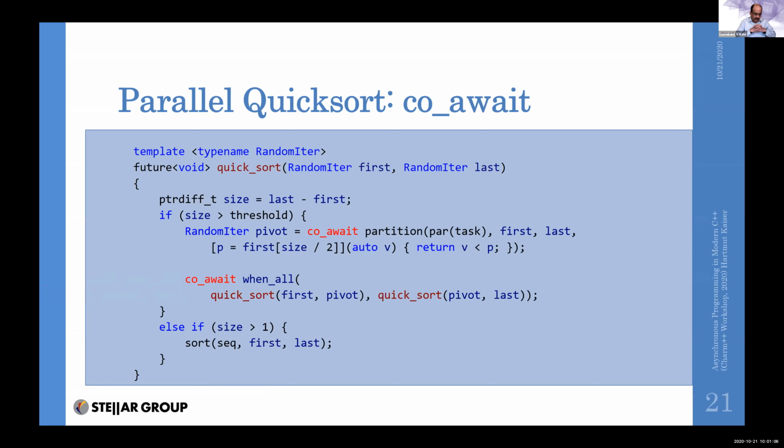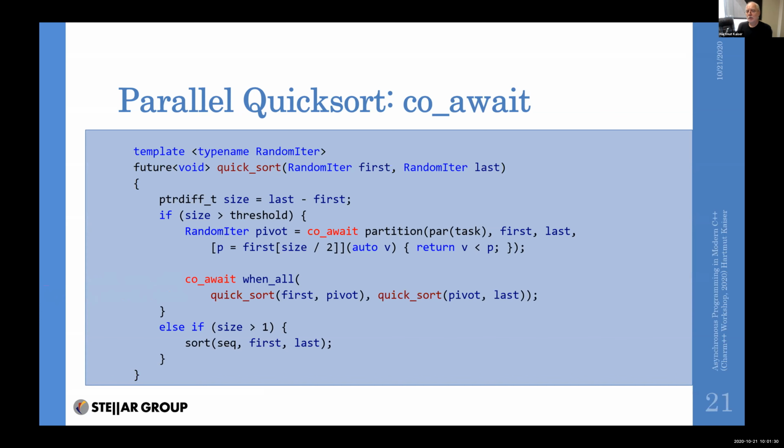Yeah, that's correct. Well, you can't, because when_all gives you a future, and to explain what co_await actually does, that might be in order. co_await takes a future and attaches the rest of the function as a continuation to that future.